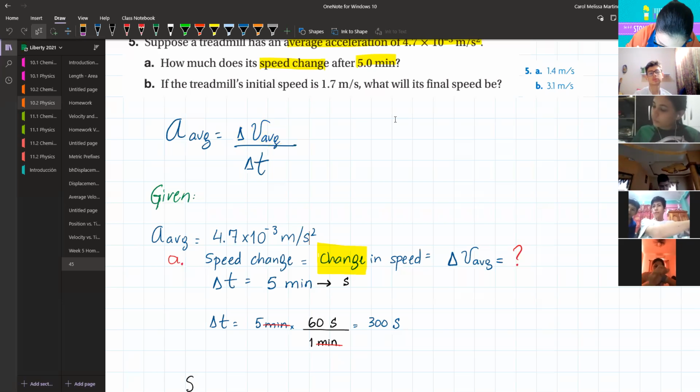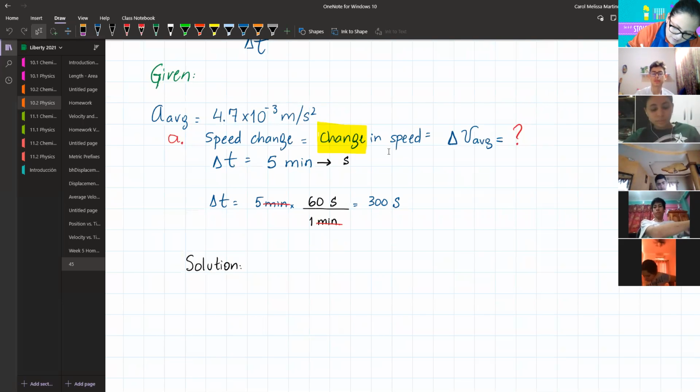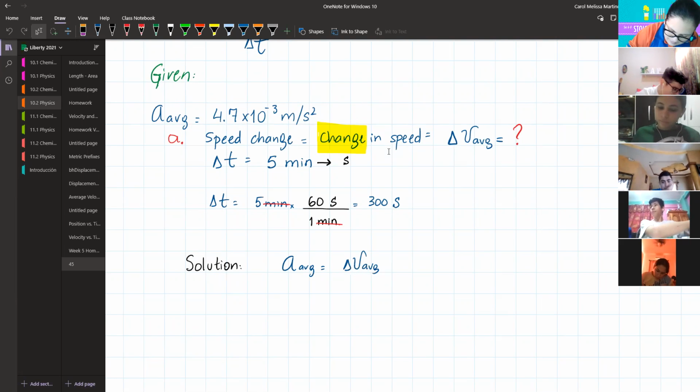The solution will be to write the main equation and isolate it. Average acceleration is equal to the change in velocity divided by delta t.